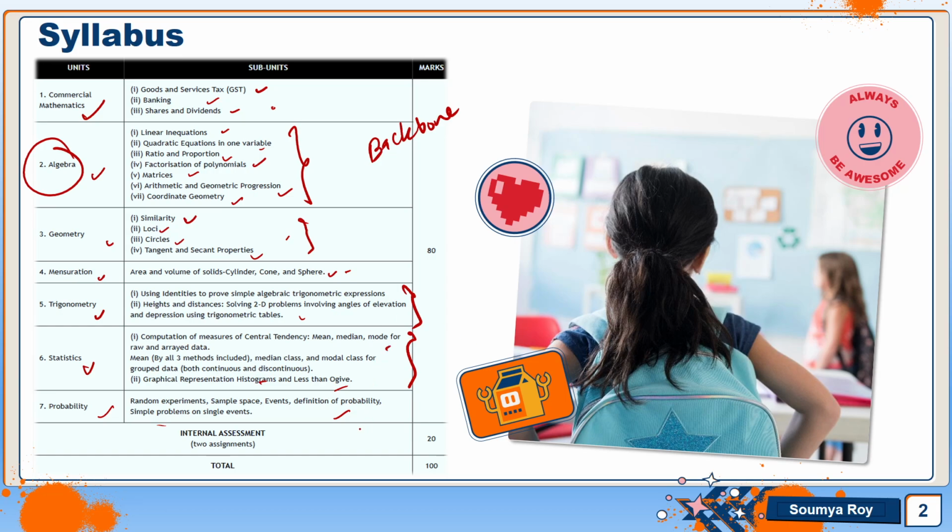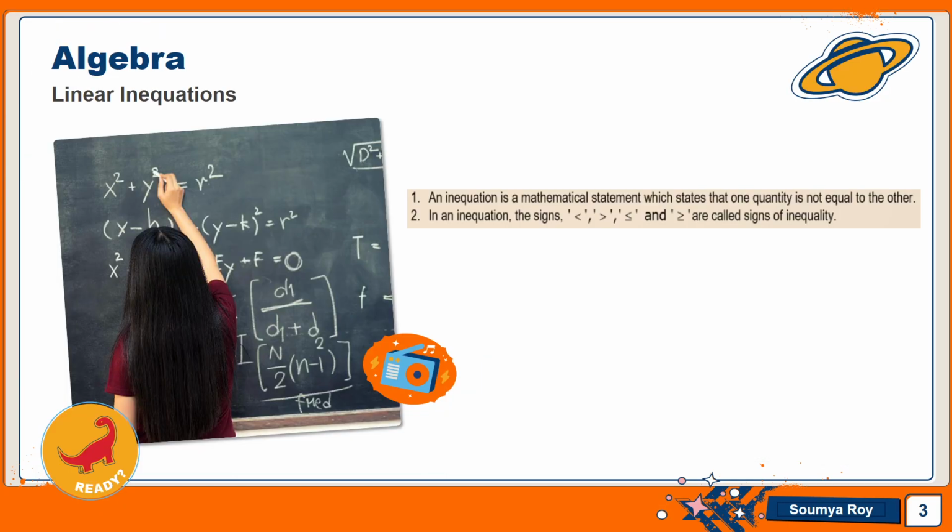Statistics, and even probability also, maybe there'll be less requirement of algebra, but algebra serves as the backbone. You see that from class 6 you started to read about algebra, right? Or before that, in some schools they start from class 4 or 5 nowadays. But this algebra will start with linear inequation, the very first thing.